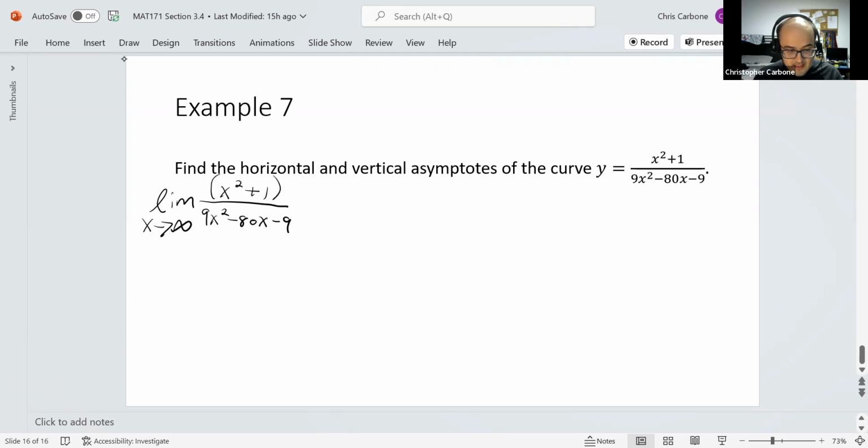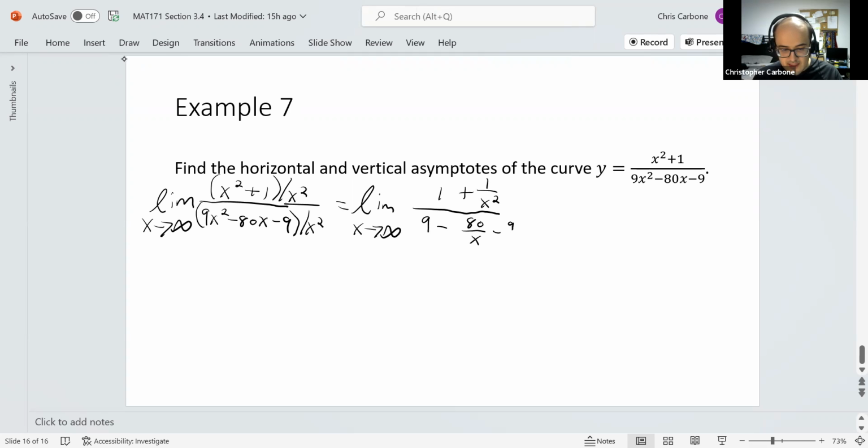Dividing everything by an x squared, the highest power of x in the denominator, we would get the limit as x approaches infinity of 1 plus 1 over x squared divided by 9 minus 80 over x minus 9 over x squared.